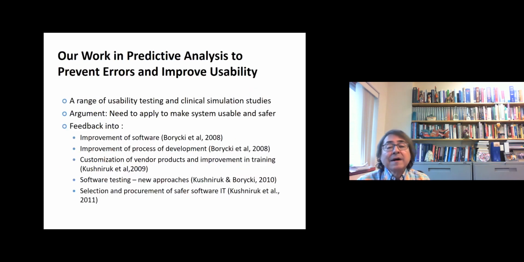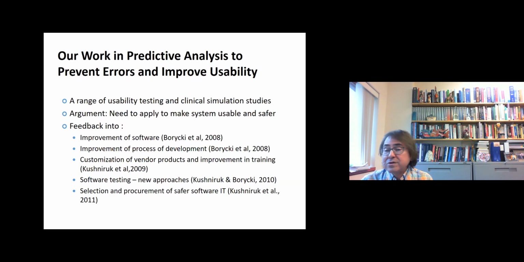Just to say, we've done since then work on predictive analysis to prevent errors and improve usability. Many projects improvement of software. Some of the projects led to improvement of the process of development and implementation, rolling out, how to bring the training group in and follow users over time, how to find out if you have to modify what they're being given on subsequent usability testing.